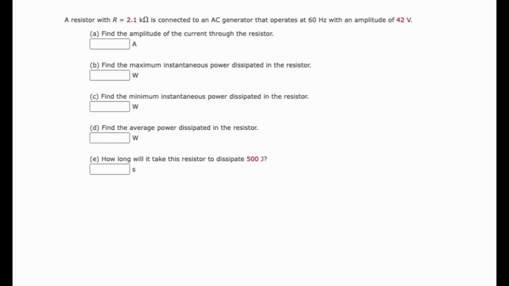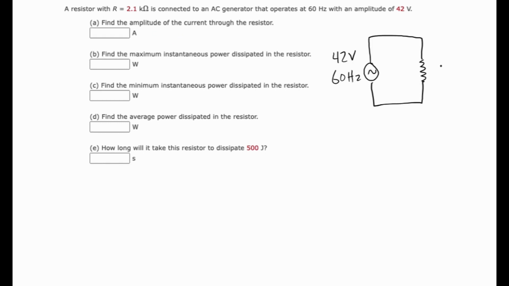A resistor with R equals 2.1 kiloohms is connected to an AC generator that operates at 60 hertz with an amplitude of 42 volts. Alright, so I want to find the max current in this AC circuit.